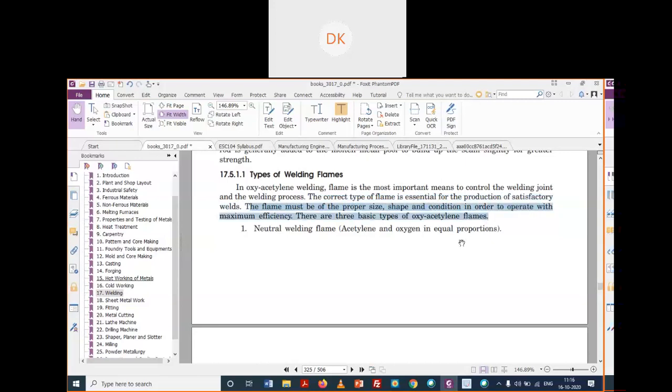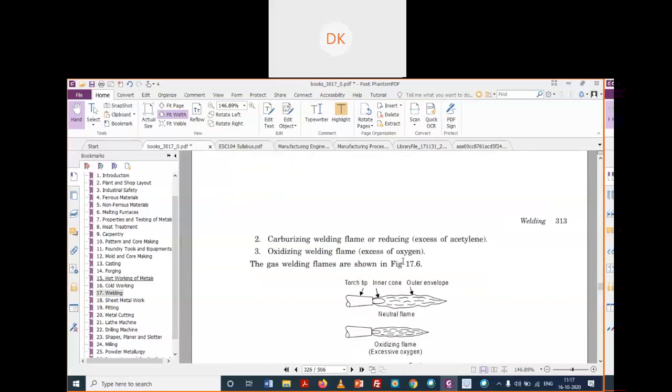There are three basic types of oxyacetylene flames. One is the neutral welding flame. From the name neutral, you can get the idea that this is where acetylene and oxygen are in equal proportion. Then we have the carburizing welding flame, also called the reducing flame.